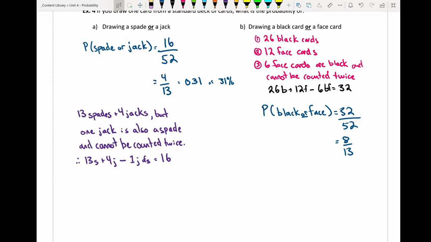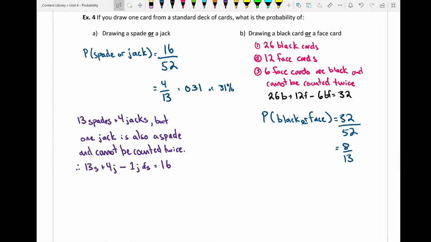While the math is primarily the same, keep in mind that theoretical looks at what should happen, compared to experimental, which is what does happen or what did happen. And when you have successful outcomes that overlap, in our example we were looking at cards, you have to remove that overlap so that you don't count an outcome twice. So again, be careful of what the question is asking. Make sure you read it carefully and actually think about what you're looking for.